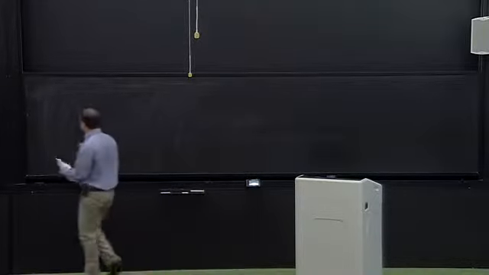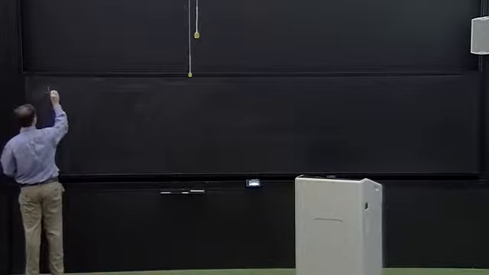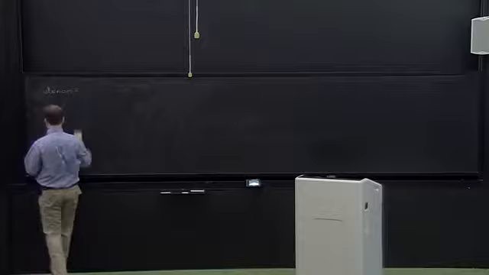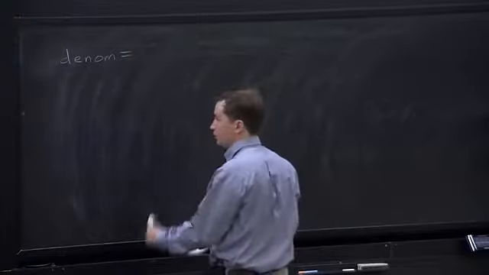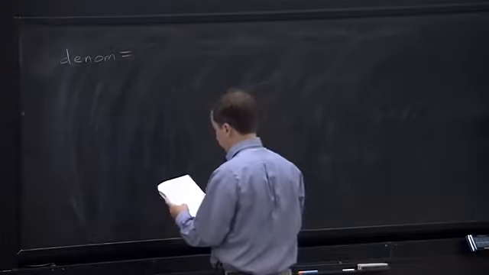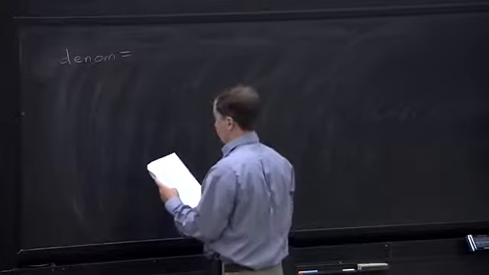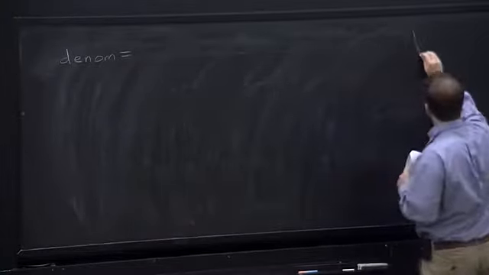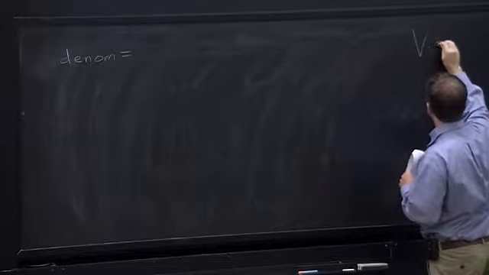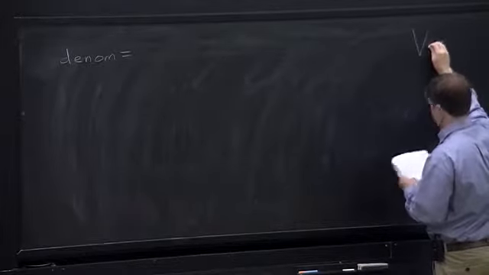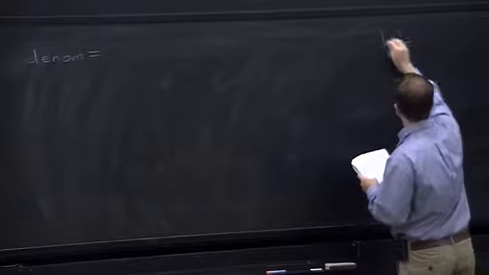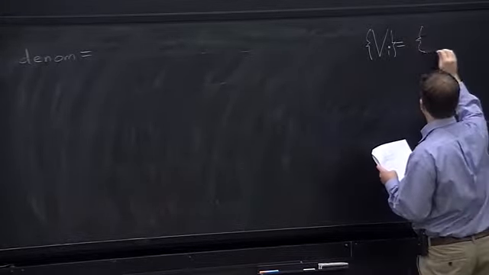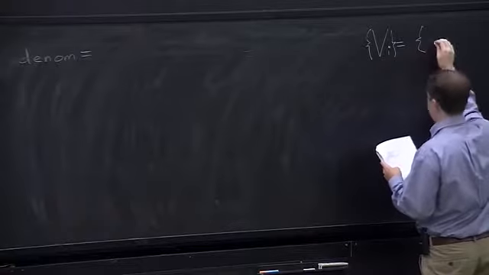Okay, so let's write the denominator as follows. First of all, let's denote the set of all connected vacuum diagrams as the set V_I.